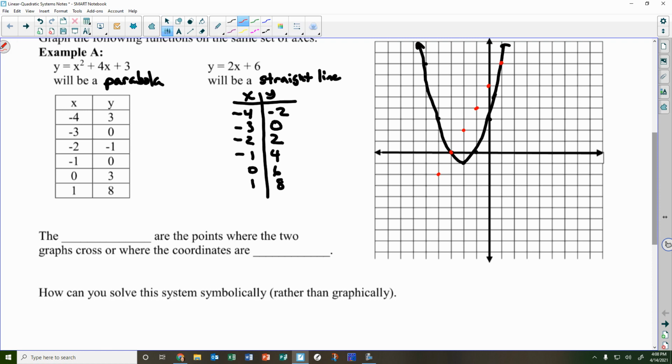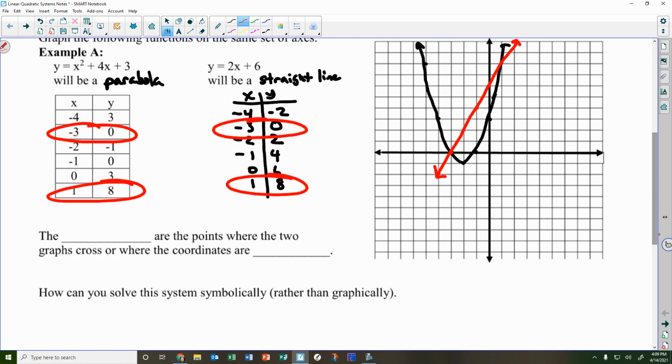So you can even see on the tables the points they share. If I try to make this line, it shares 2 points here and there.